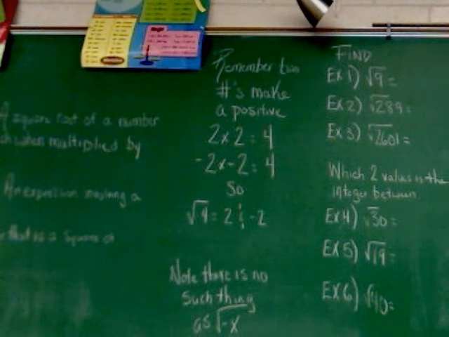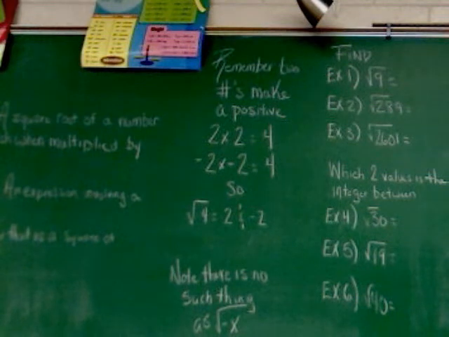As long as we're talking about negatives, let me also mention that there's no such thing as the square root of a negative number. That is to say, there can't be a negative sign underneath the square root sign. Think about it. What number can I multiply by itself to make a negative? There's nothing.